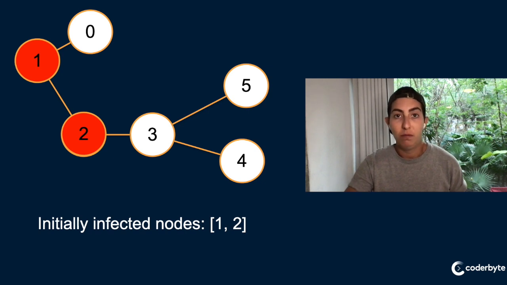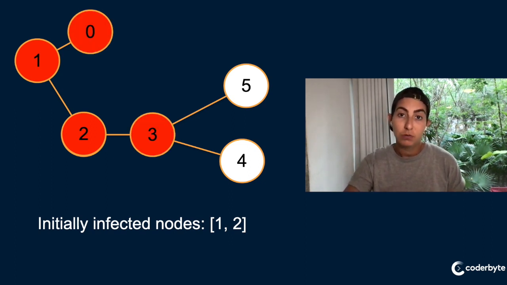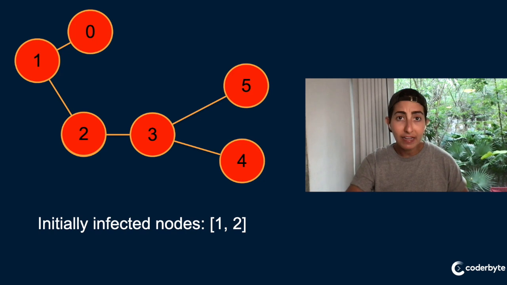So according to the problem, the malware spreads from the node that has it to all of the nodes that it's connected to, right? So let's just watch that happen. If we get infected initially 1 and 2, the next ones that get infected are 0 and 3, and then from 3, 5 and 4 get infected, right? And that's how the malware spreads throughout the network.